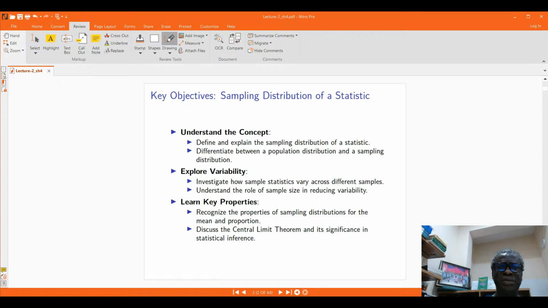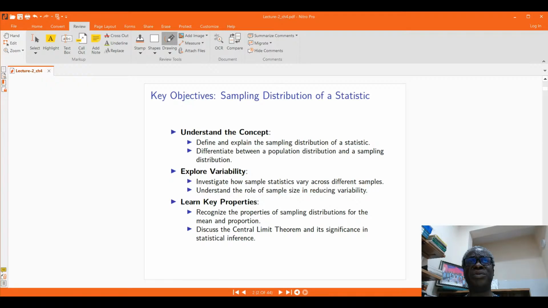There are also one or two properties that we are going to get used to in this lecture. One of them is the mean of the sampling distribution of a given statistic, and the statistic could be mean or proportion.